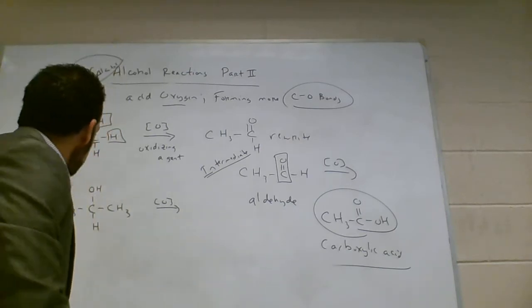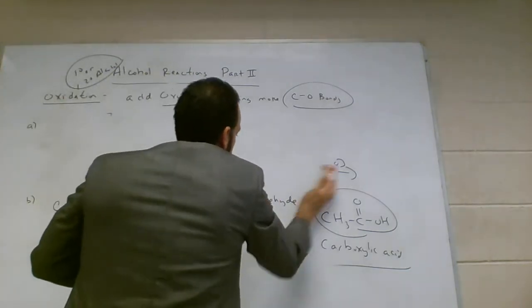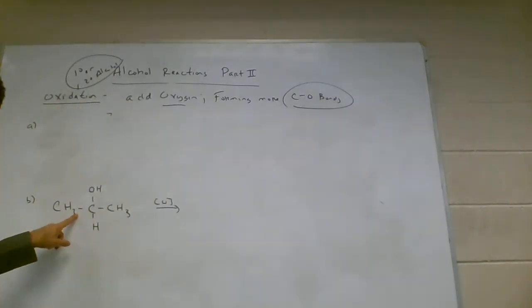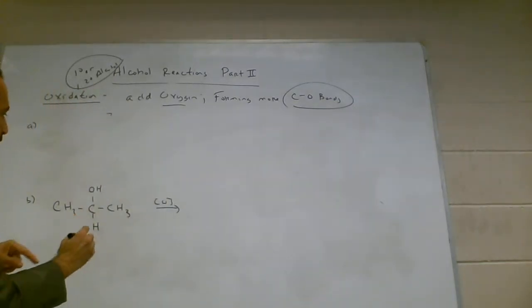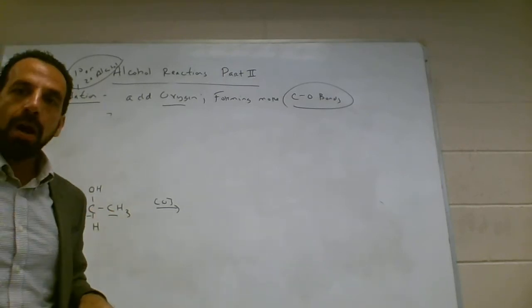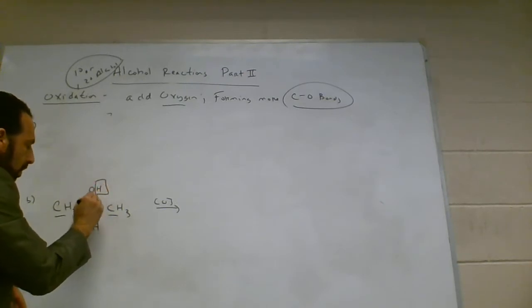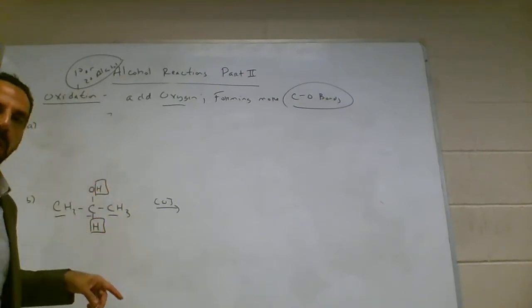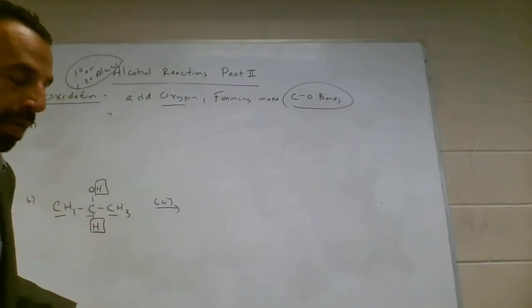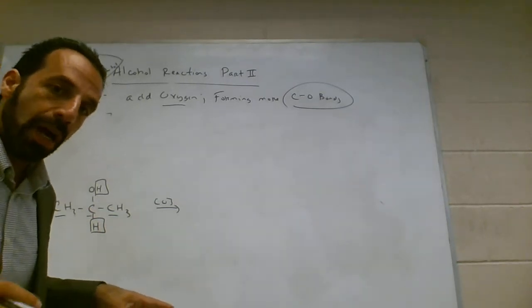Let's look at the secondary alcohol. I'm looking at this one right here. This is going to be a secondary alcohol. It's bonded to two other carbons. And again, it works basically the same way. I lose this hydrogen, and I lose that hydrogen. So I lose a hydrogen on the OH, and then I lose one of the hydrogens, in this case just one, bonded directly to that secondary carbon.